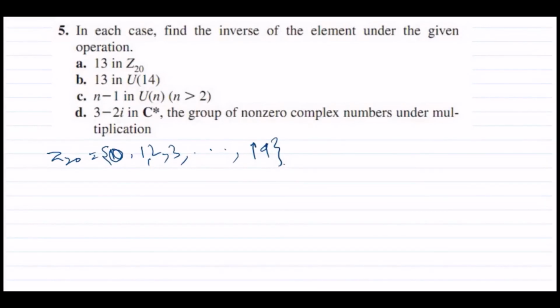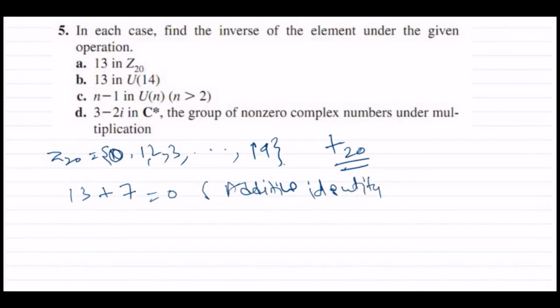Under addition modulo 20 we are talking about the inverse of 13. So the additive inverse of 13 is the number we need to find, which we add here and divide by 20 to get the remainder 0. 0 is nothing but the additive identity. So 7 is there. So the inverse of 13 is 7.